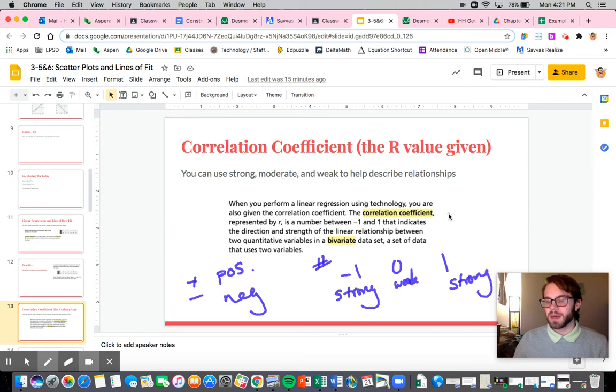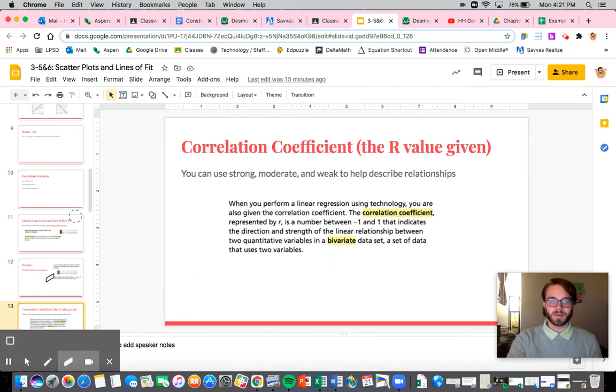As long as you get the point across that closer to 1 or closer to -1, it's a strong relationship, and closer to 0, it's a weaker relationship. So do your best with those.